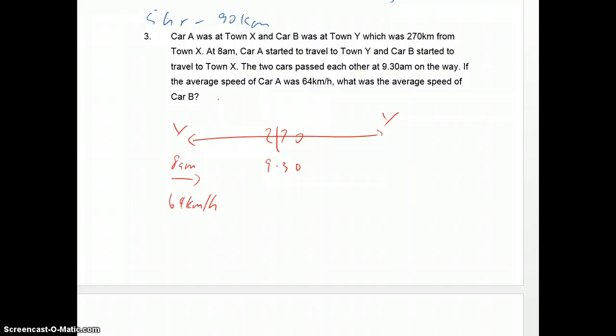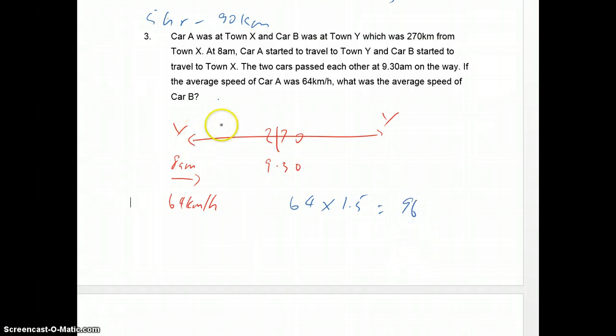This question is going to be very simple. We know that they meet each other at 9:30, which is 1.5 hours. So basically to find the distance, it will be 64 times 1.5, which is 96.